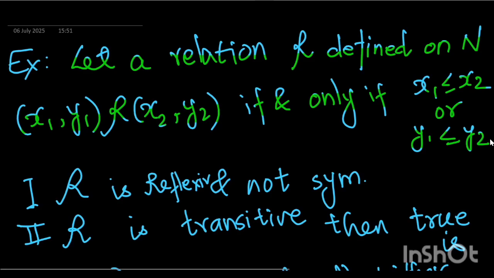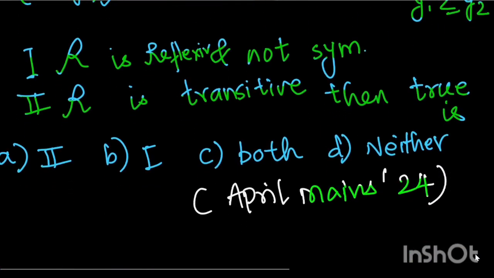Defined on N means the elements of each ordered pair here, x1, y1, x2, y2, are all natural numbers. Now the first statement says that R is reflexive and not symmetric, and the second statement says R is transitive. Then the true option: A is second, B is third, B is first option, C is both, D is neither.